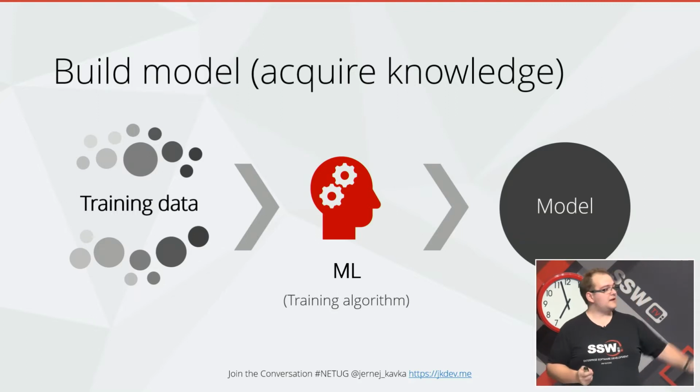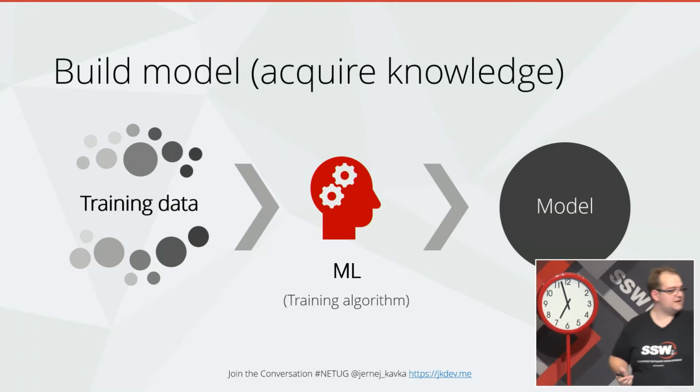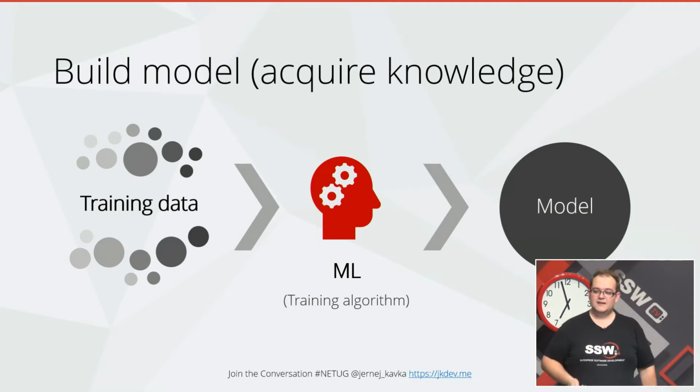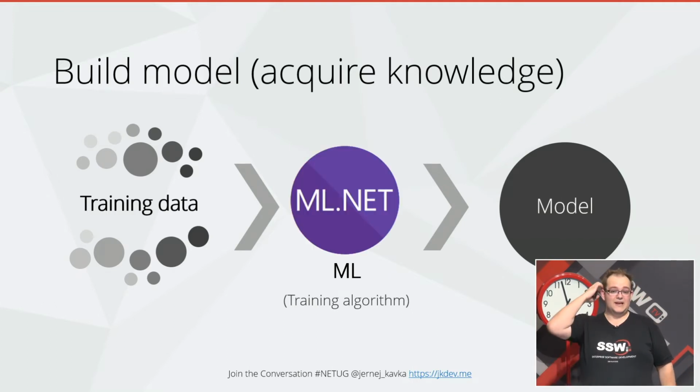And if you look at the process of building a model, I mentioned that the head over there is a black box, a magic that you need to learn. Well, with ML.NET, you get all the algorithms baked in, and they're very easy to use. It's almost like web API usage of the trainers, the building of models and stuff like that.